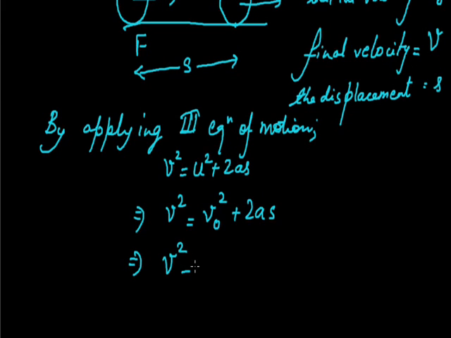Final velocity square minus initial velocity square upon 2a is equivalent to s.